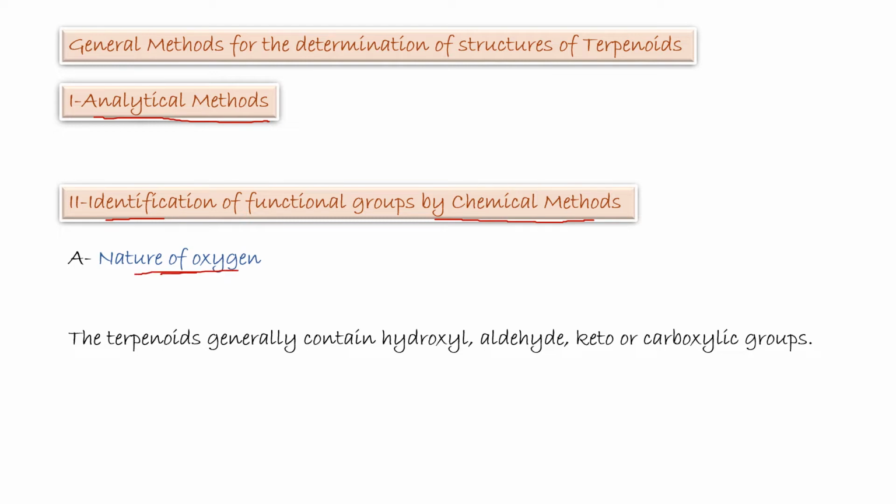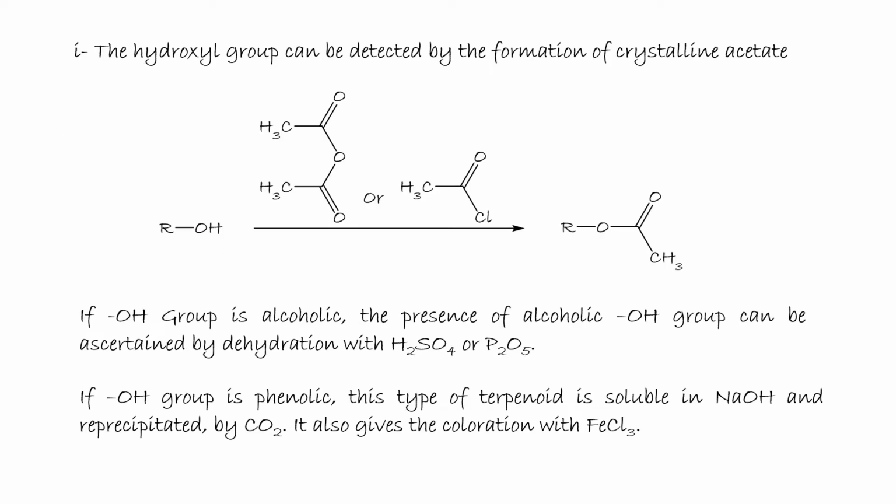Nature of oxygen. The terpenoids generally contain hydroxyl, aldehyde, keto, or carboxylic groups, as well as peroxides. The hydroxyl group can be detected by the formation of crystalline acetate. The organic molecule contains OH. Upon treatment with acetic anhydride or acetyl chloride, it will give the ester.